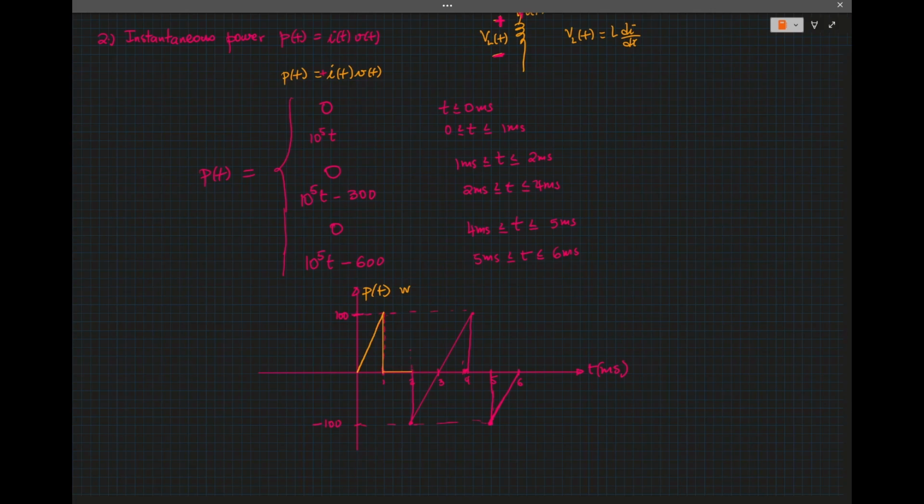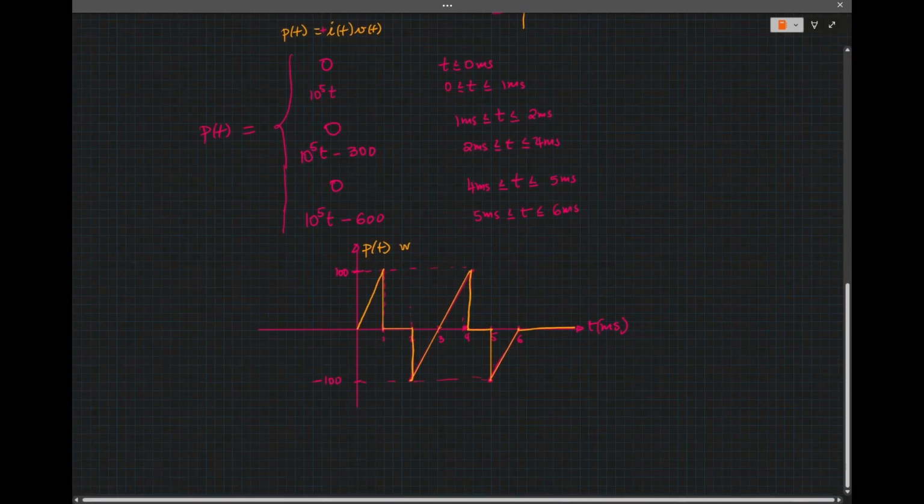Then that 0, then this, then a straight line, and 0, then 0, and a straight line, then a 0 after 6. So that is P of t.